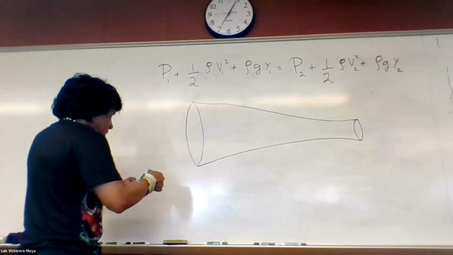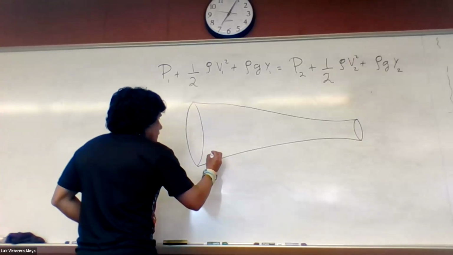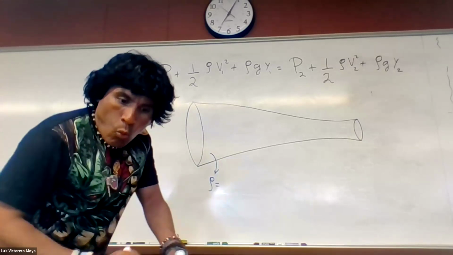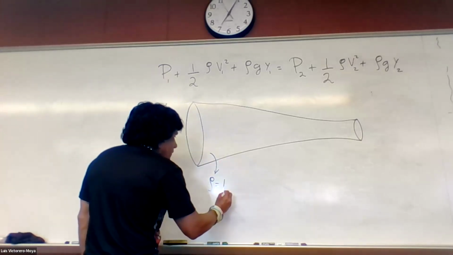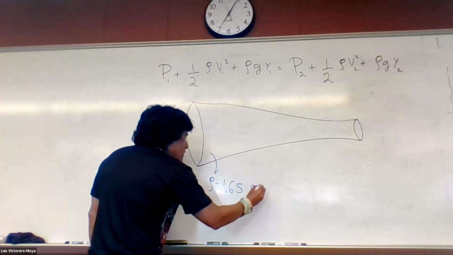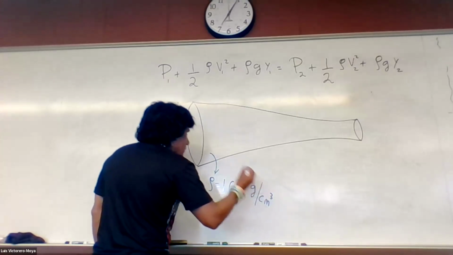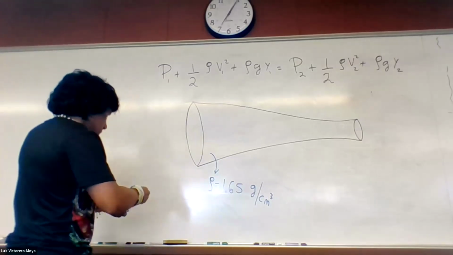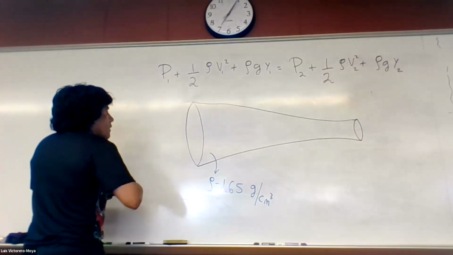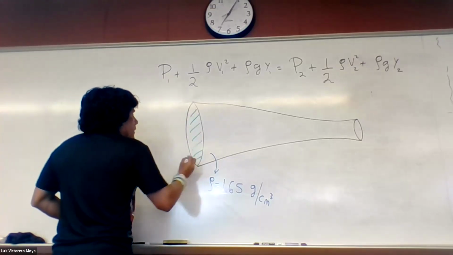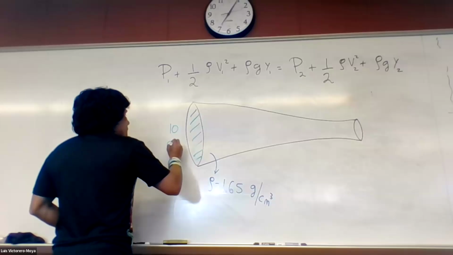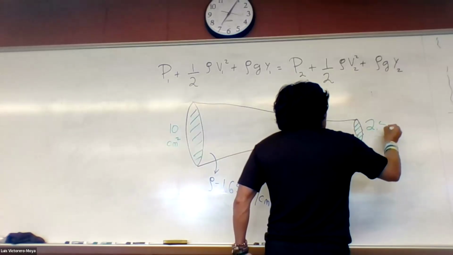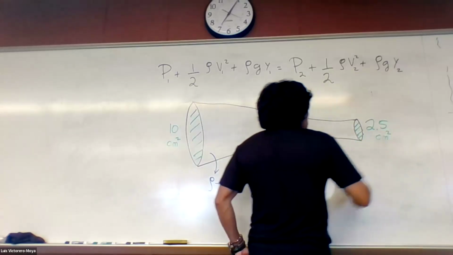So this liquid has density 1.65 grams per centimeter cube. All right. The areas. This area is of 10 centimeters square, and this area is of 2.5 centimeters square.